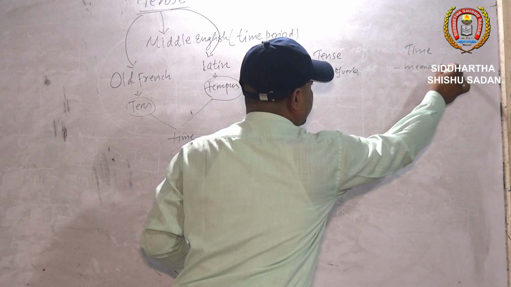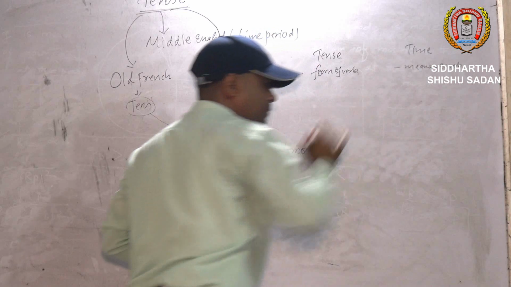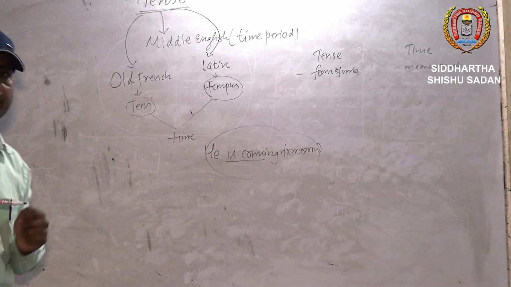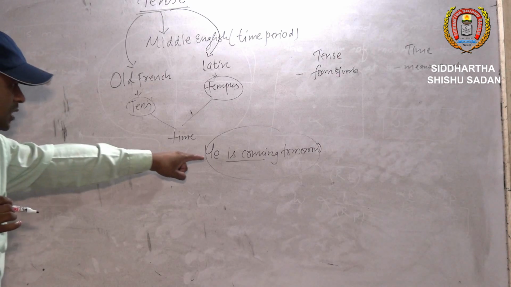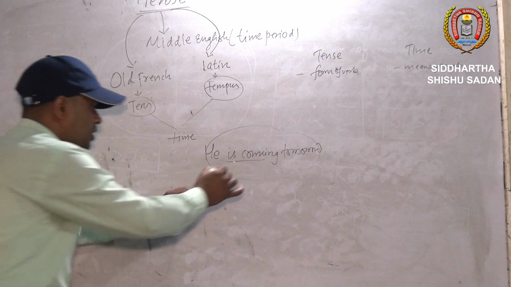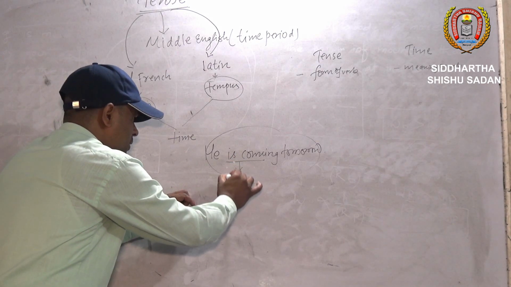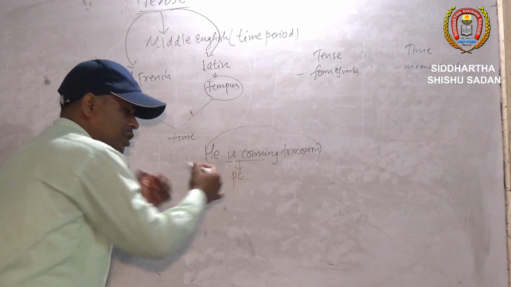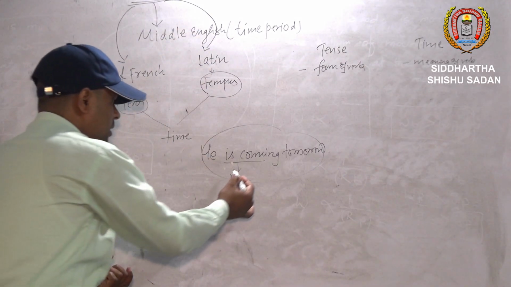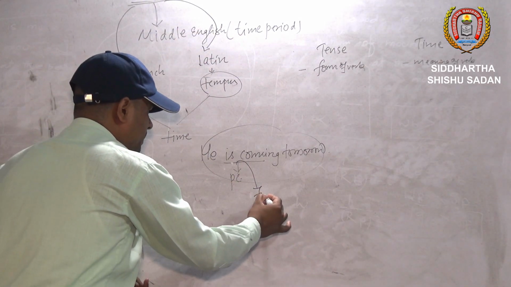Meaning of, see, the difference between tense and time. If you see this sentence, it is present continuous tense, no doubt. Present progressive. But if we talk about its meaning, it has future time.